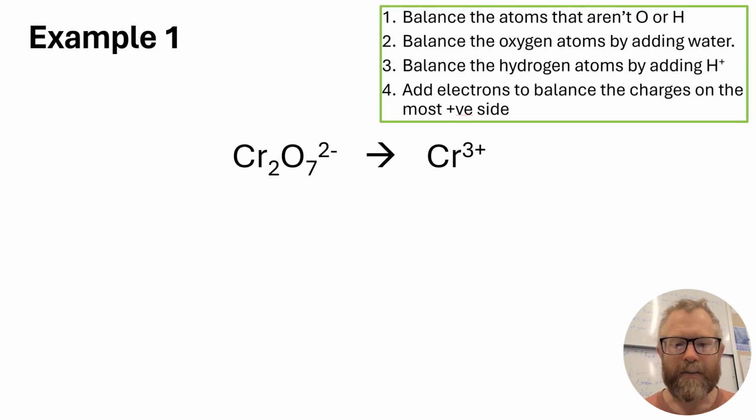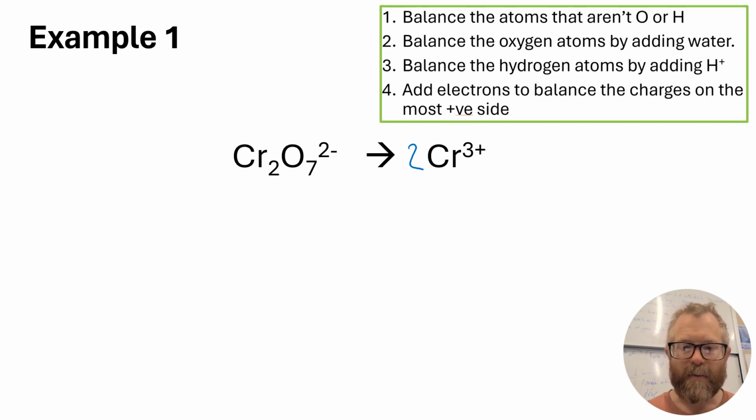So here we go, first example, and here we have dichromate going to the chromium 3+ ion. Rule number one is we balance the non-oxygen atoms, and on the left hand side we've got 2 chromium, so we need to put 2 on that side. Number 2, balance the oxygen atoms.